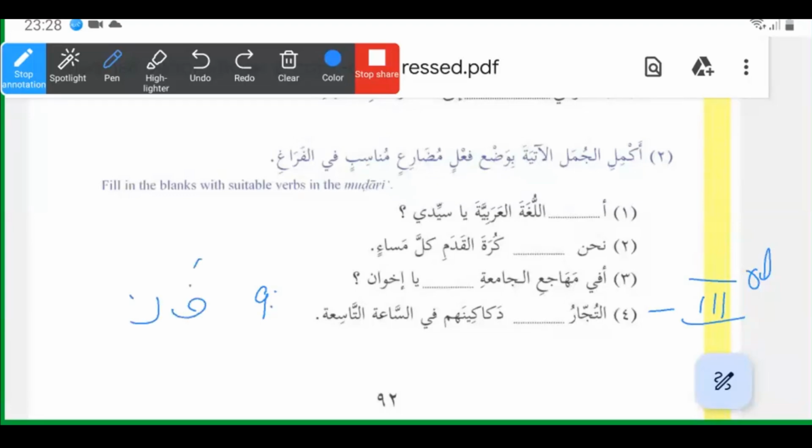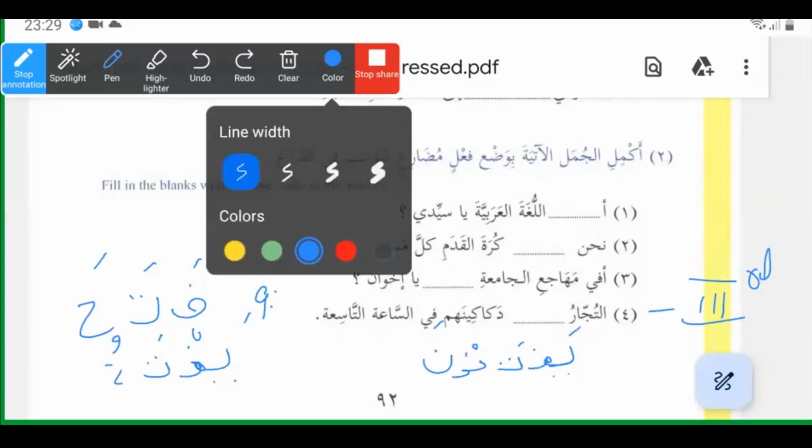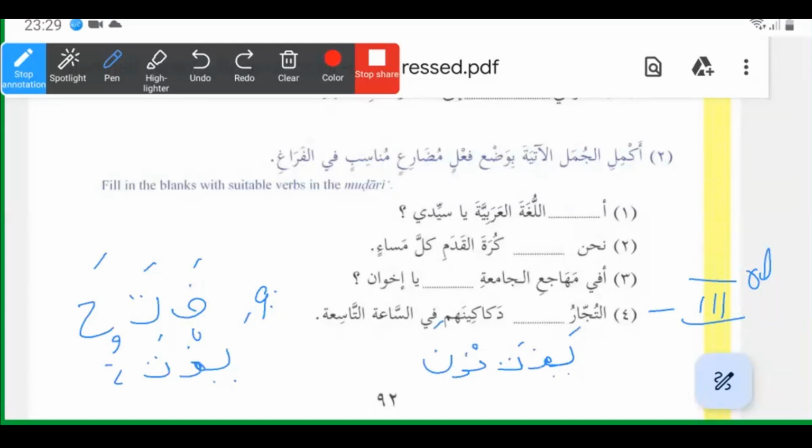Fataha means to open. Fataha means he opened. Yaftahu means he will open. Now if I were to say they will open, I will say Yaftahu, Yaftahani, Yaftahuna. Yaftahuna means At-Tujjaru Yaftahuna, the businessmen open their shops.